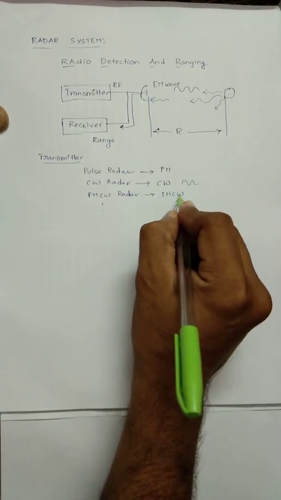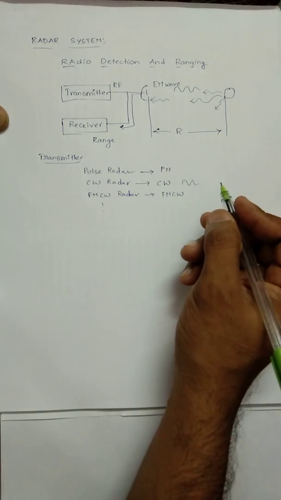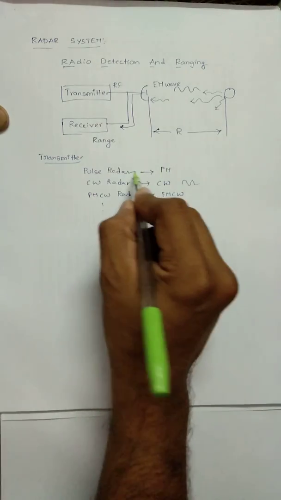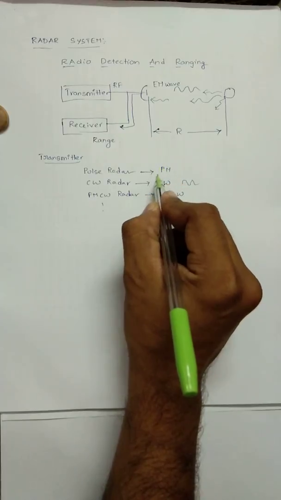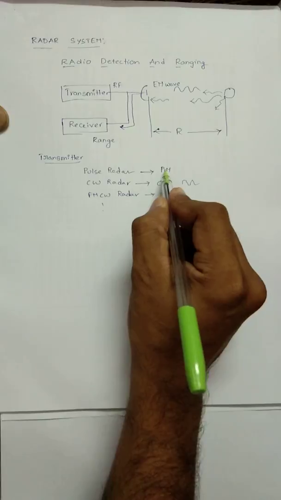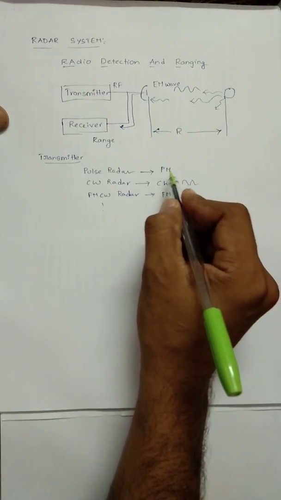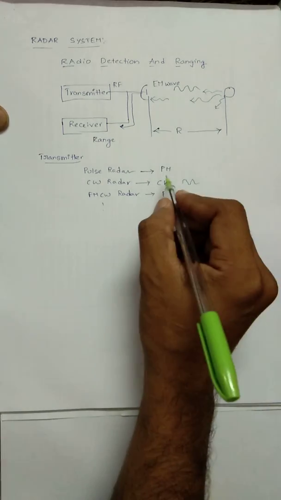The same continuous wave undergoes frequency modulation and is sent into free space. Now the transmitting section depends upon the type of radar system. Suppose we are using a pulse modulated radar system, then we need a pulse generator, we need a carrier, then these two will undergo a modulator and then be amplified and released into free space.